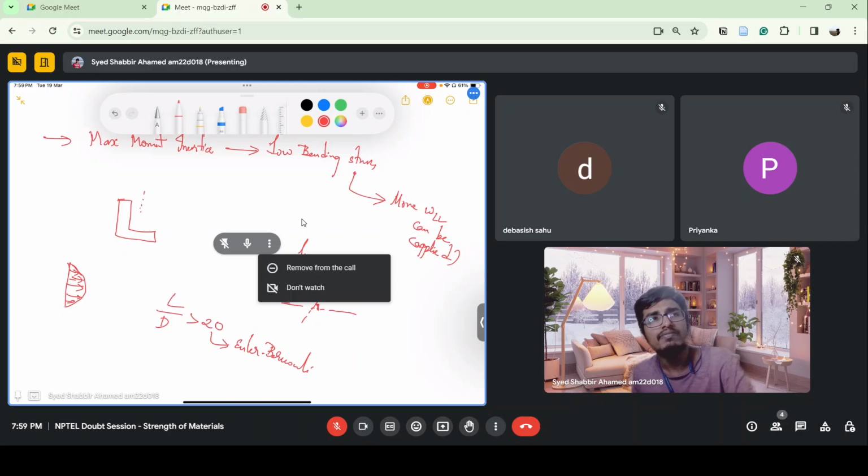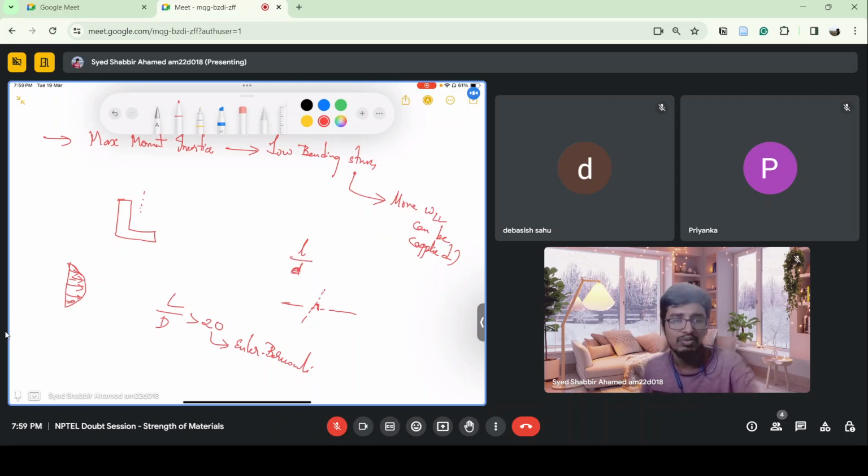And our department, the professor's department, is applied mechanics. Here we have computational engineering as an MTech specialization. It is not related to design, but you can learn aspects related to solids, fluids, and something related to design.